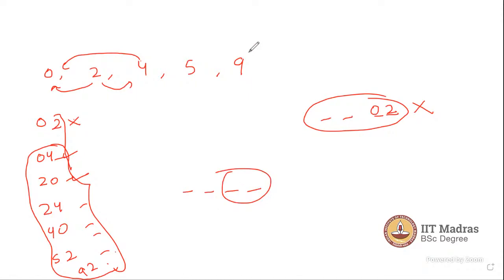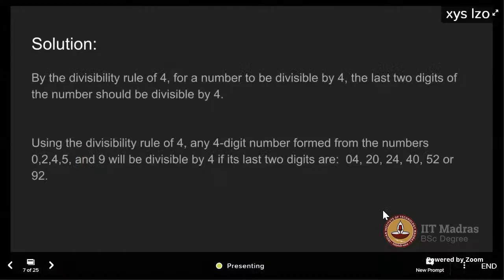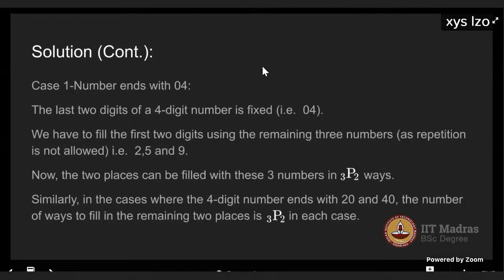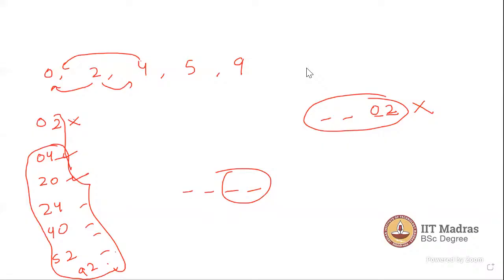Let's move to the question now. First case is my number ends with 0, 4, right? Let me just do it on the whiteboard. Should be simple.